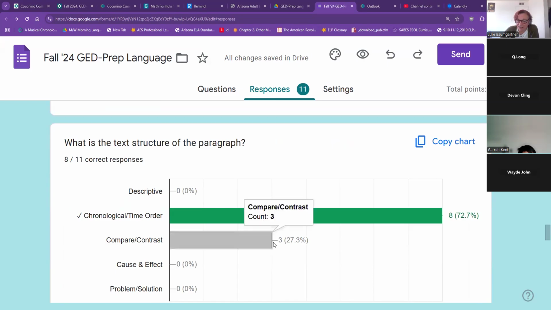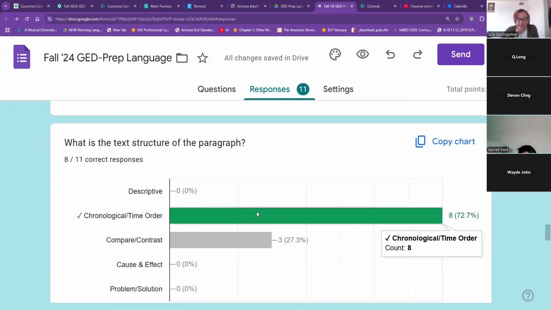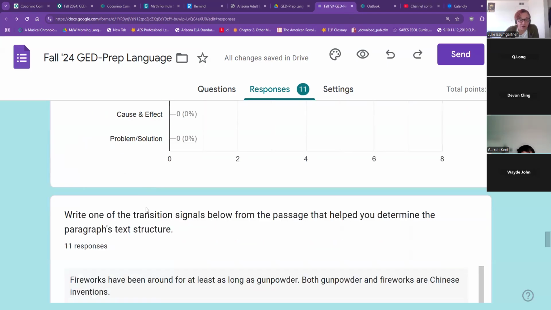That is a little compare and contrast, but I'm glad to see that the majority of people chose chronological or time order. Okay, you might see either one of these ways of talking about it, but good. Chronological through time, right? And so those are going to be mostly our social studies passages on history or the invention of something, the development of something, right? All of that is always going to generally be chronological in structure, okay?